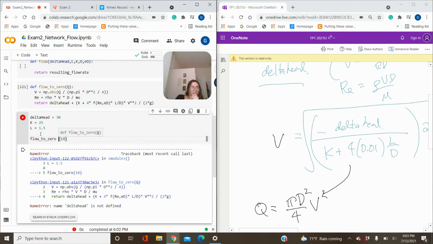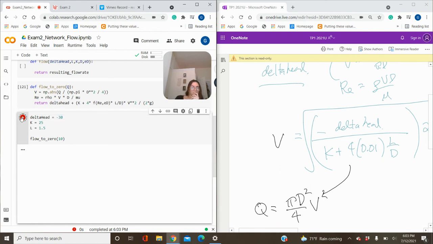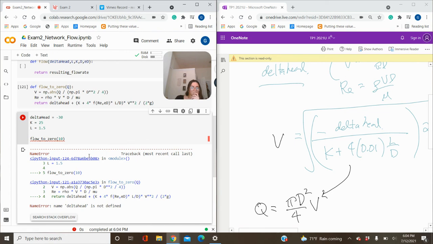I still got a red squiggly. Delta head is not defined. Negative maybe? No, that's not it.